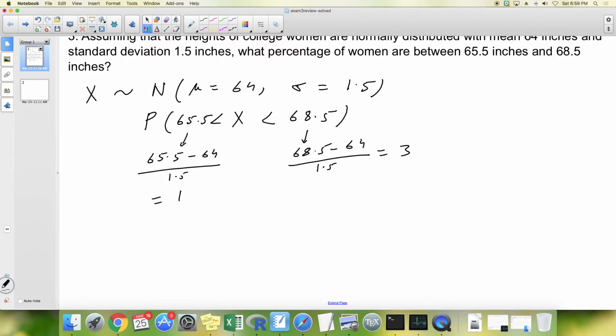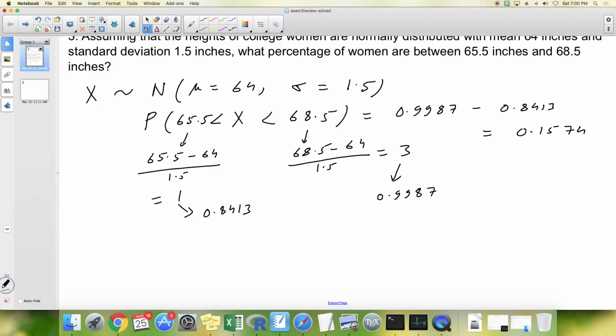And if you go to the z table, for 3 the value is 0.9987, and for 1 the probability is 0.8413. So the probability you are looking for is 0.9987 minus 0.8413, which shall be 0.1574.